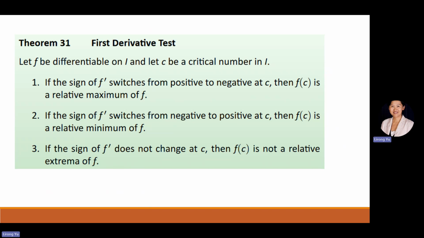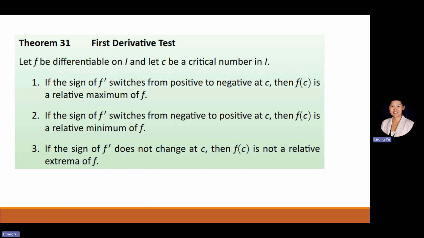According to what we said, if the derivative switches from positive to negative, which goes increasing and then decreasing, right there you have the relative maximum. But if the function's derivative switches from negative to positive, meaning it goes decreasing, then increasing, you have a minimum.